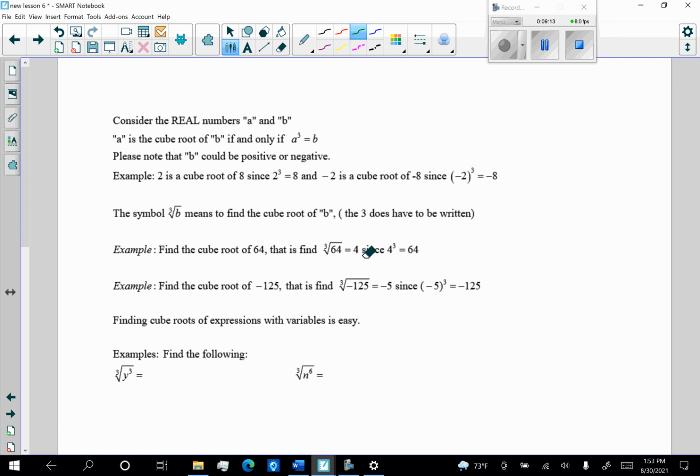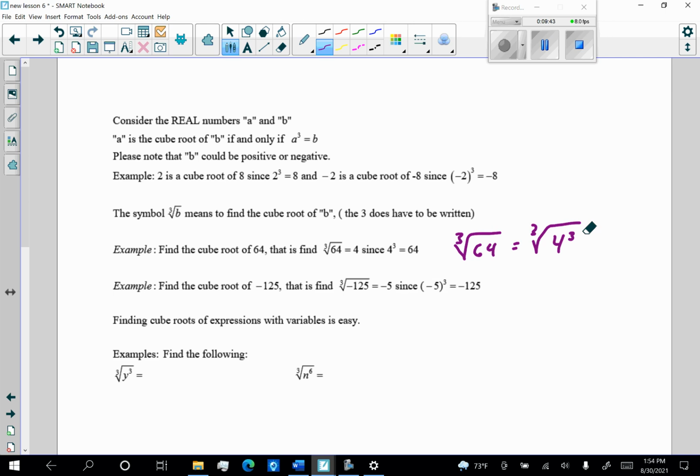Here's how some people like to write this so they can see this. 64 is what we call a perfect cube. So I could write it this way, and you don't have to, but it might help down the road. Isn't 4 cubed 64? And I'm asking for what number times itself is 4 cubed?